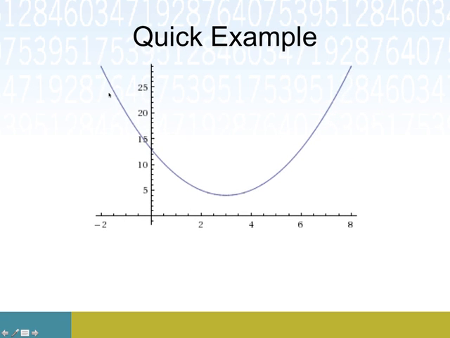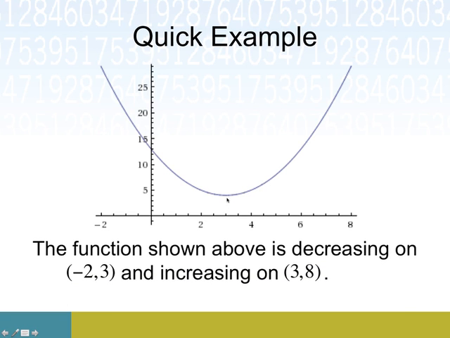So if we take a familiar picture, a parabola, we could actually come up with a formula for this without too much trouble, but let's just imagine we're working on the interval from -2 to 8. And so what we can see basically is that this graph is sloping all the way downward until it gets to somewhere around here, it kind of bottoms out, and then it works its way upward again. So we could say that it's decreasing from -2 to 3.